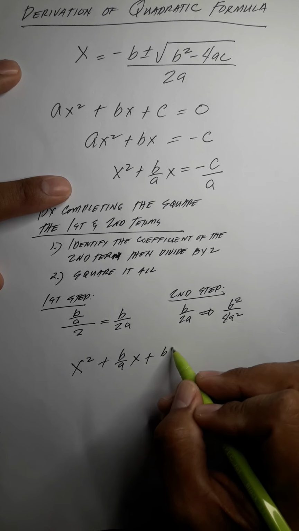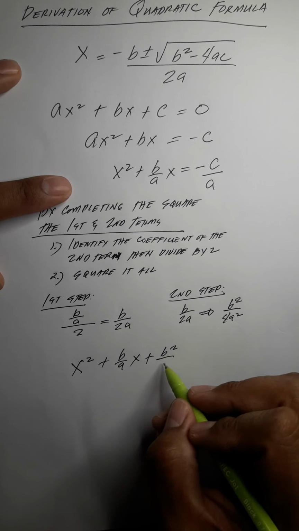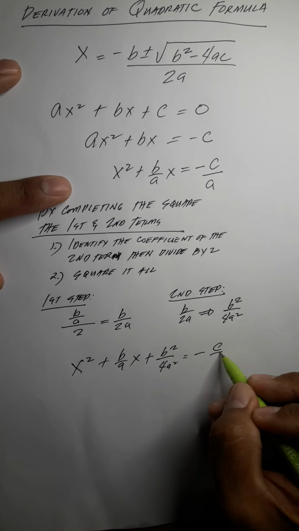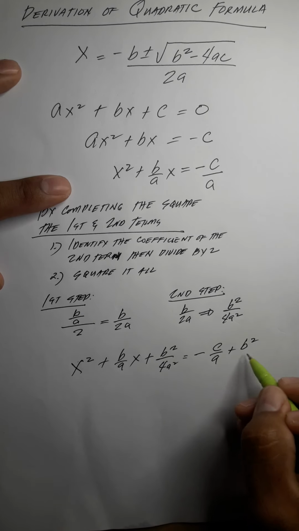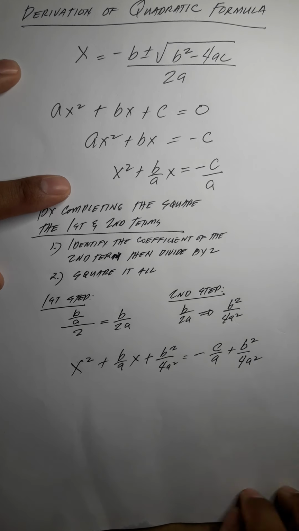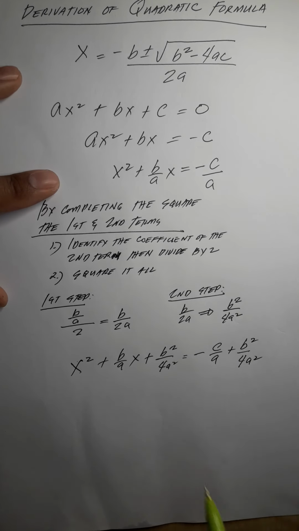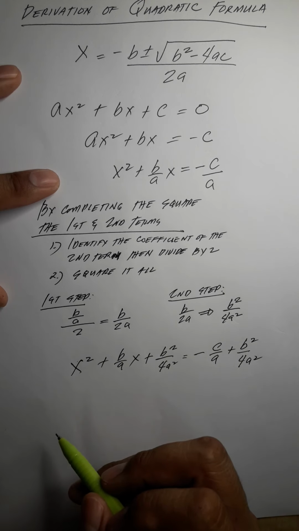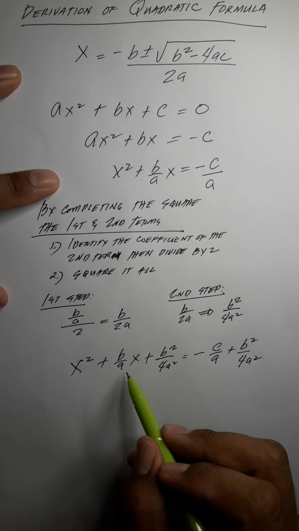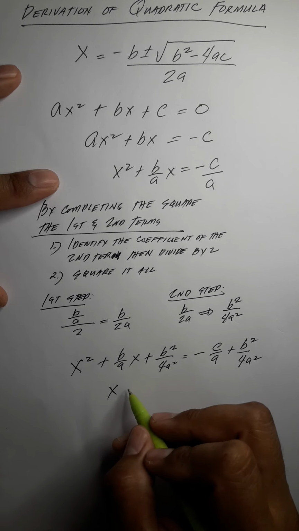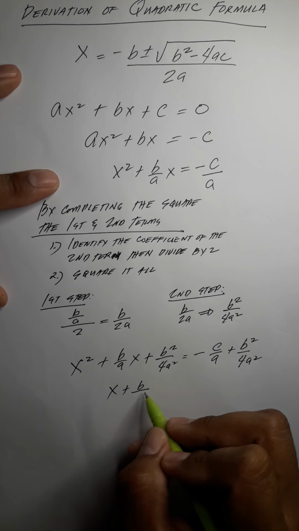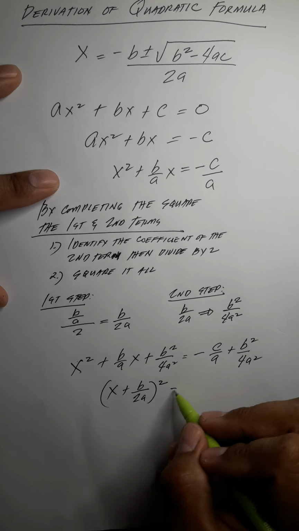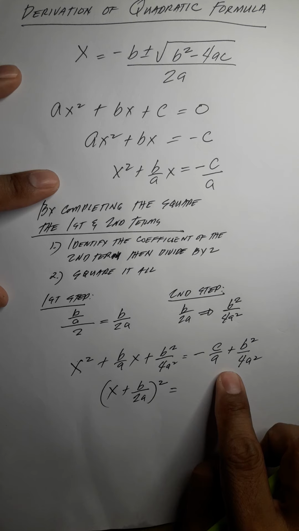So we put now this term, 4a squared, equals negative c over a plus b squared over 4a squared. Now, the left side is a perfect square. So this will become x plus b over 2a, squared.